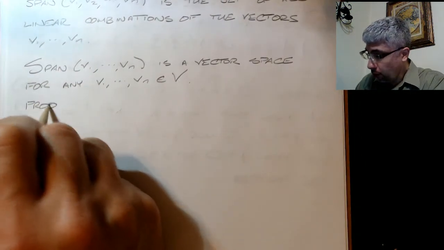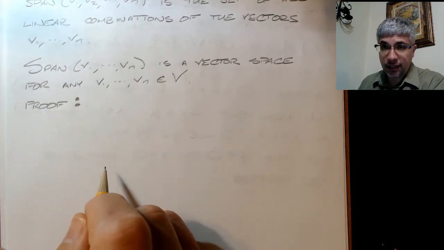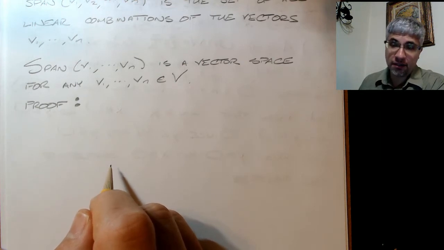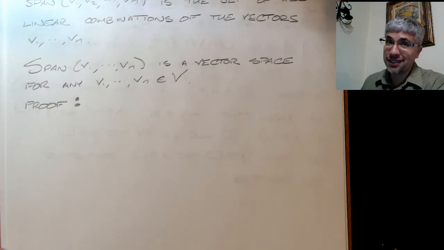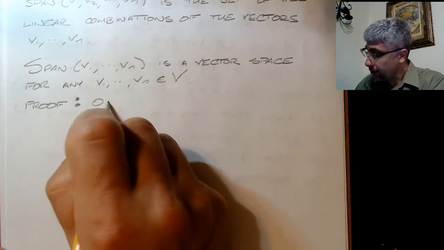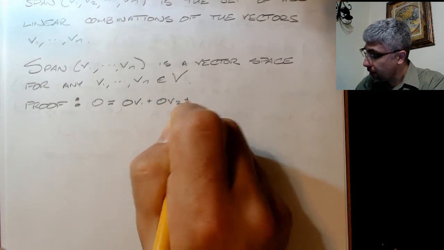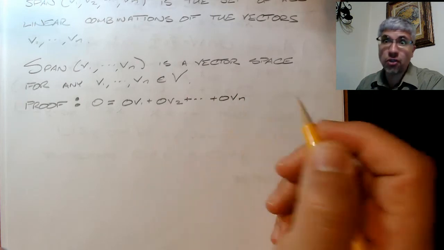Proof. Well, what do you have to do? We have to show that it's non-empty and has two properties, or we have to show it contains the zero vector and has two properties. Either one of those doesn't matter. Let's show it has the zero vector in it. The zero vector is going to be equal to 0v1 plus 0v2 plus dot dot dot 0vn, and that's a linear combination, so we're done.